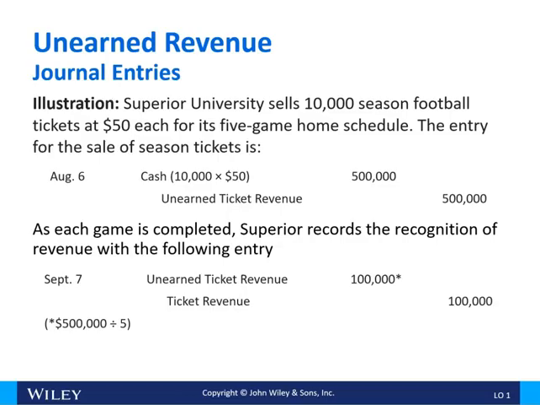We had $500,000 of total in our unearned revenue. That's for 5 games. So for one game, it's the 500,000 divided by 5, gives us the amount for one game. It's $100,000. So each game we can recognize $100,000 of revenue and reduce our liability in our unearned ticket revenue account.